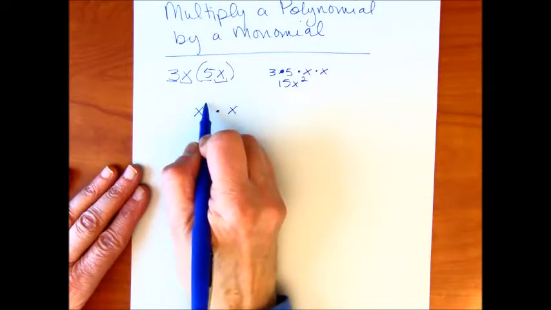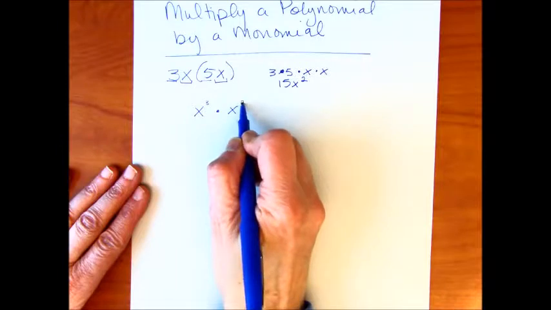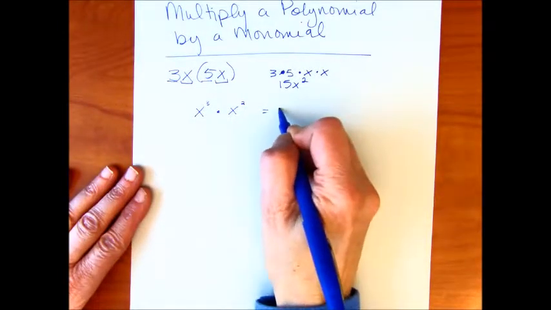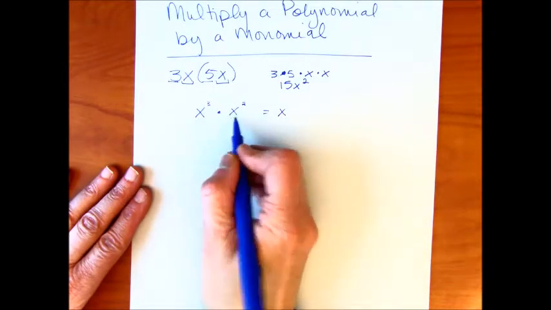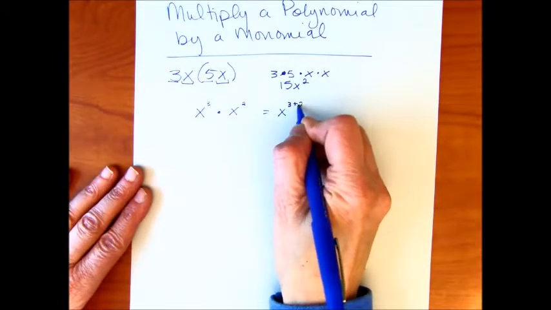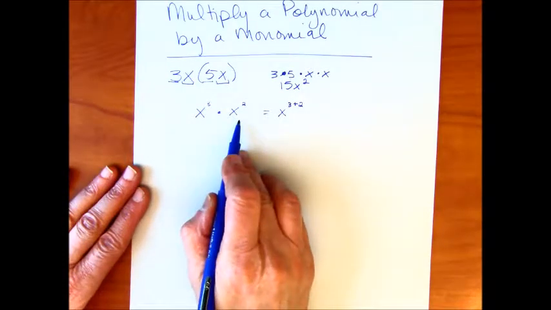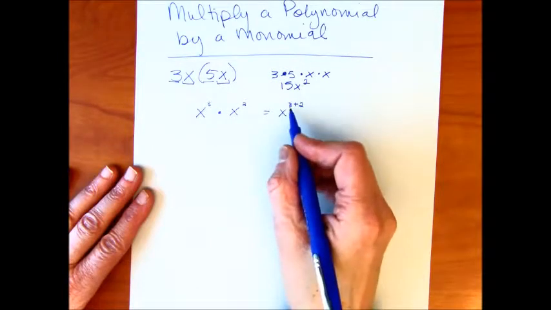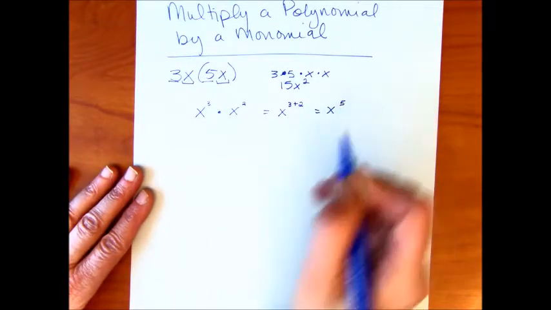So for instance, if this is x to the third power, and this one is x to the second power, we're taking the x, which is the same in both terms, and we're adding the 3 with the 2. Okay, so x to the third times x to the second power is going to be the same thing as x to the third plus the second, which would give us x to the fifth power.